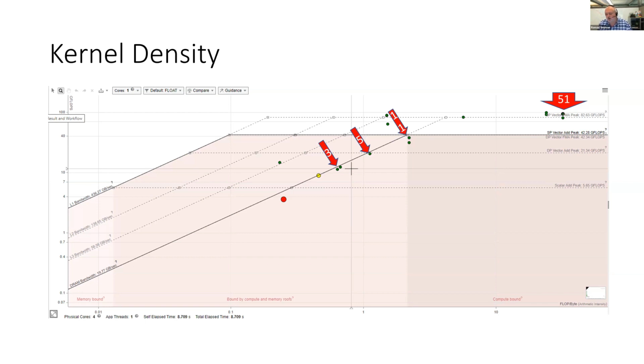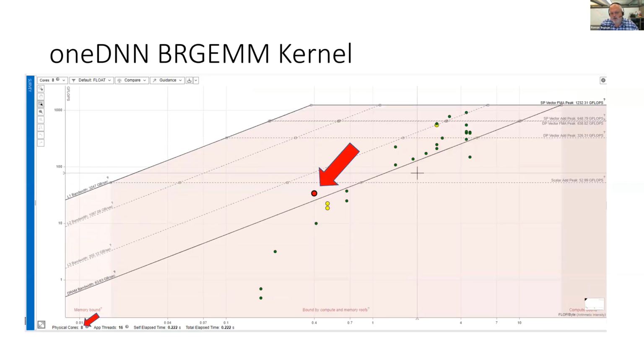So I am processing math as fast as possible. The same is true for oneDNN. That is actually the default convolutional framework, say, behind TensorFlow. You can see that their kernel is pretty much at the same point.